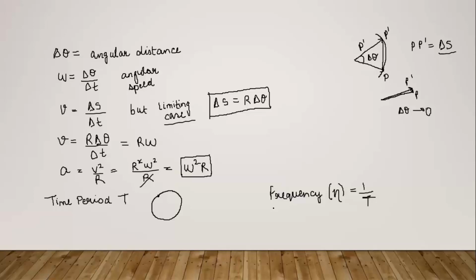So if we talk in terms of frequency and time period, for this capital T, for one complete revolution, the distance covered is the circumference of the circle.